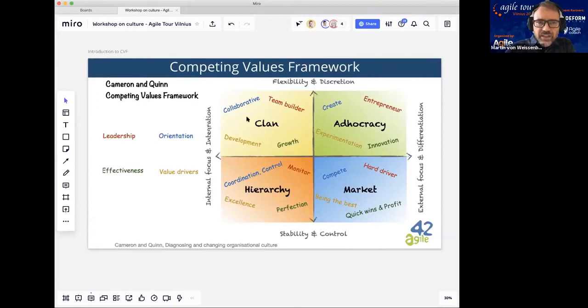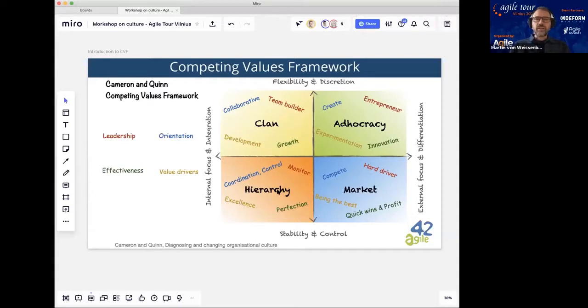Now, if we stay on the left-hand side but slip down to stability and control, we move over to the hierarchy cultural stem. This is the typical big bank or big manufacturing company where you have regulations and safety standards that you need to maintain.